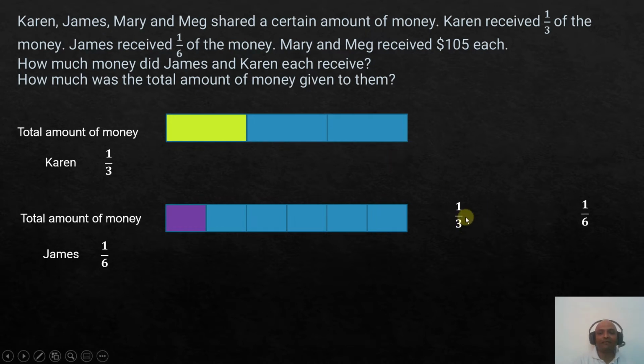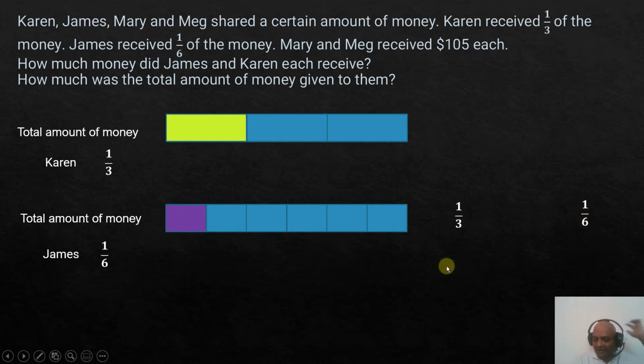So in this case, the first one is divided into 3 parts, the second one divided into 6 parts. So if we can make the denominator the same, then we can compare which one is more and how much more. So one way of doing that is trying to find the LCM of 3 and 6.